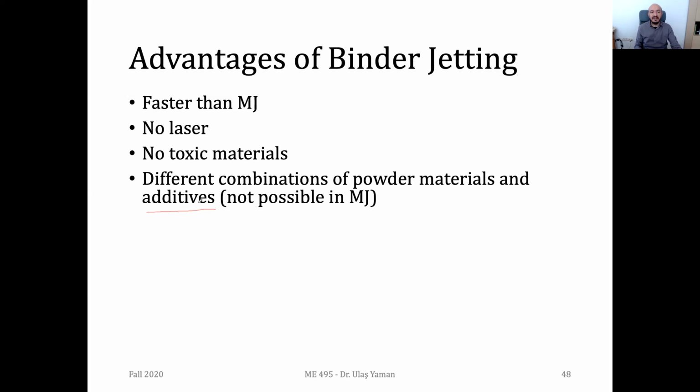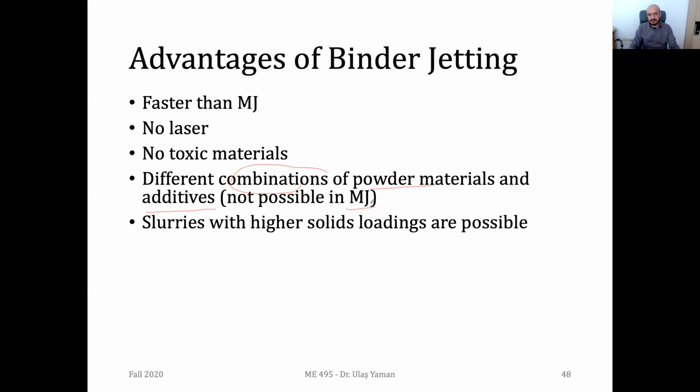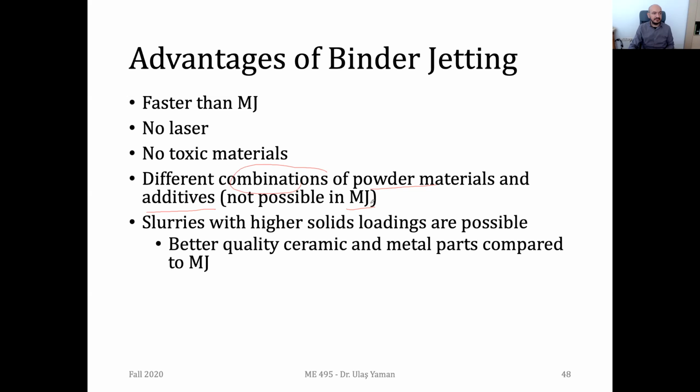So you may have various combinations of main powder material and the agent material, which is not possible in material jetting processes. We can only jet a single type of material. And you may have some slurries, some liquid material with higher solid loadings. This is also possible. A question?